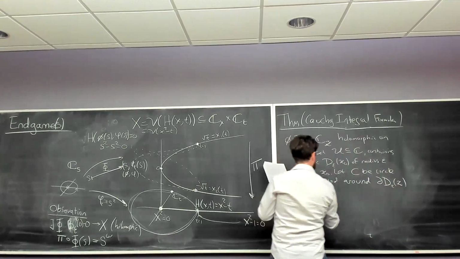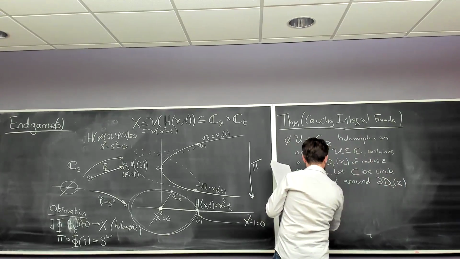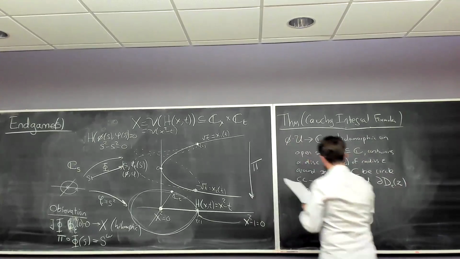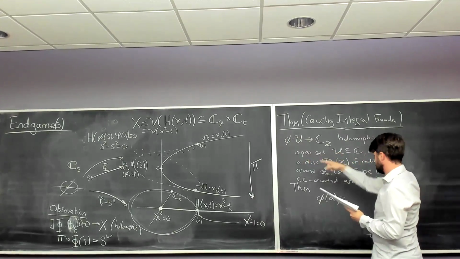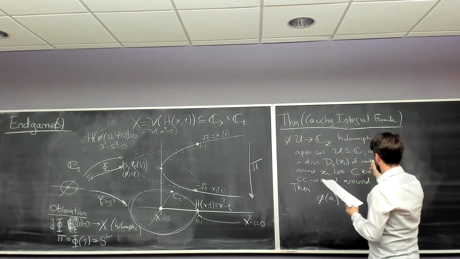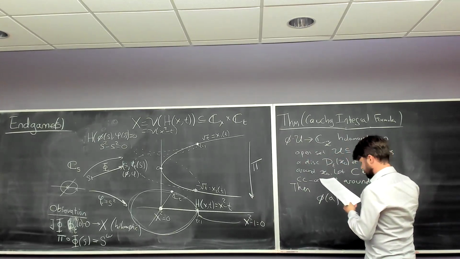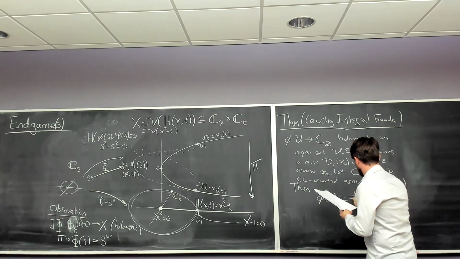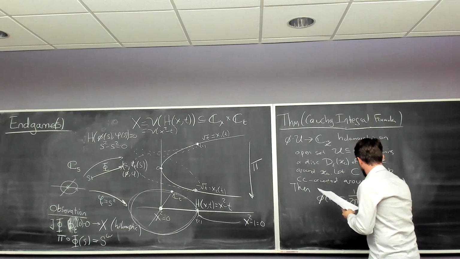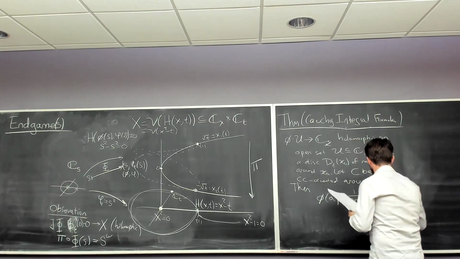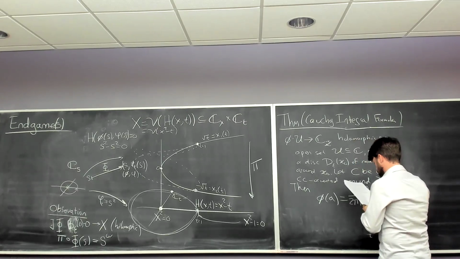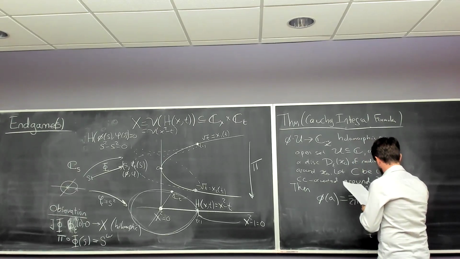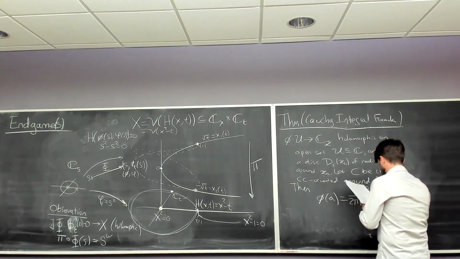Then I can evaluate this function at some a, for a anywhere inside the interior of the disk, as one over 2 pi i times the contour integral around C of phi of z over z minus a dz.